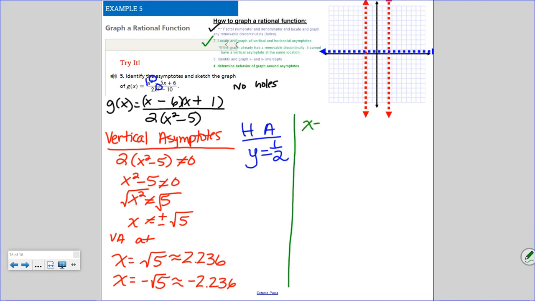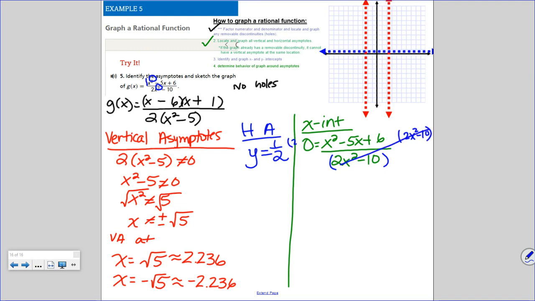So for the x-intercept, that's when y equals 0. So 0 equals x squared minus 5x plus 6 over 2x squared minus 10. So again, I'm going to multiply both sides by the denominator to cancel it out. So that cancels it out on the right.